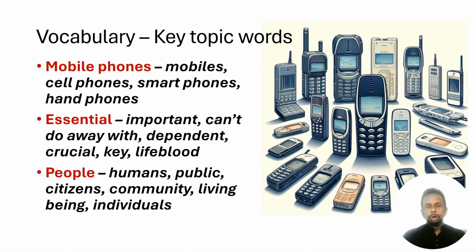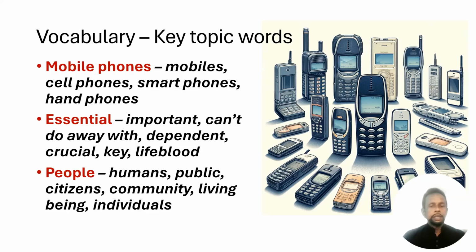Mobile phones, mobiles, cell phones, smartphones, headphones, etc. And essential, important, can't do away with, dependent, crucial, key, lifeblood, any one of these. People, humans, public, citizens, community, living being, individuals.